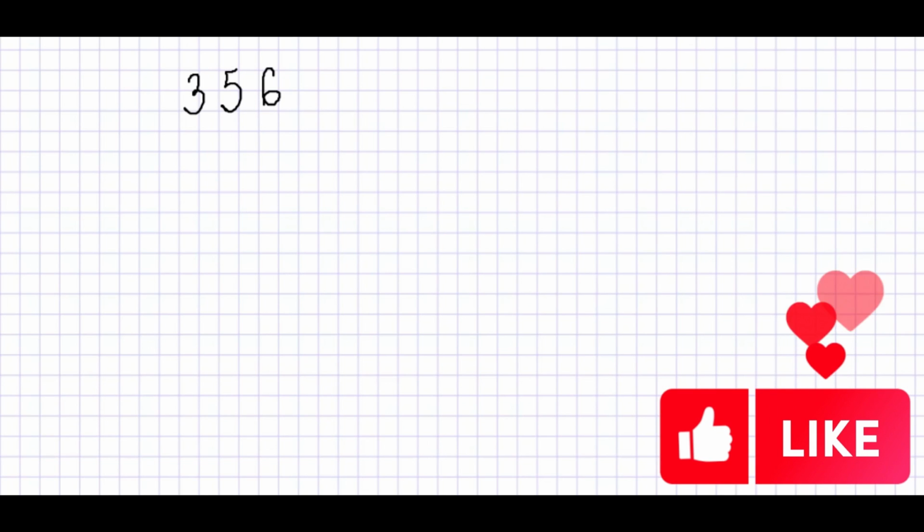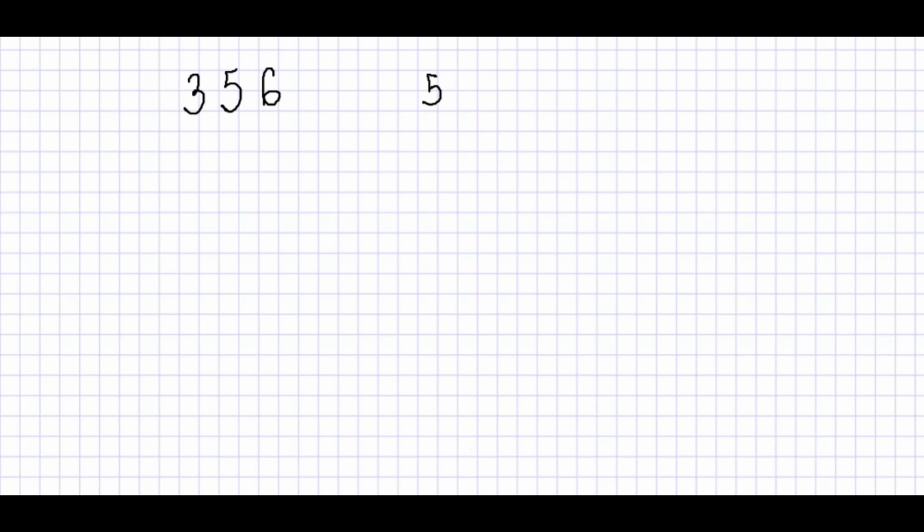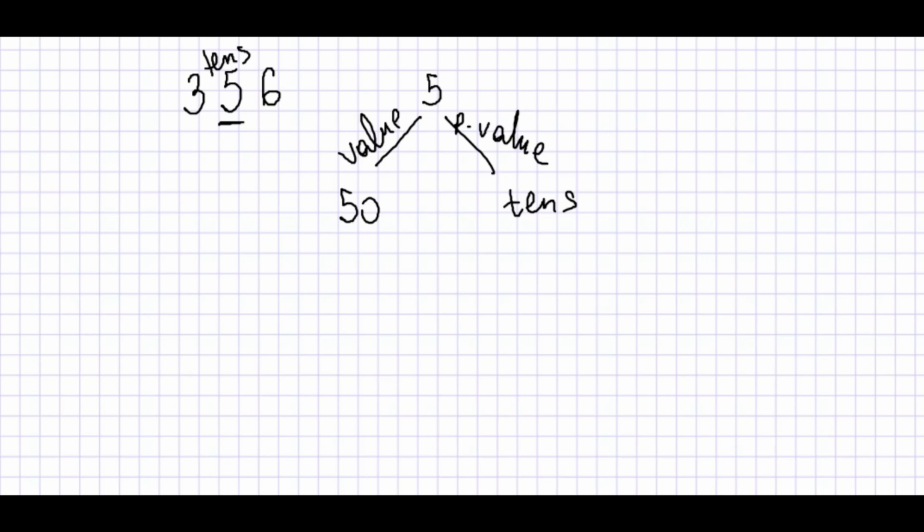356. If I want to write value and place value of this digit, the value of this digit is 50. It is on tens place, and the place value of it is tens. What is value and place value of 6?